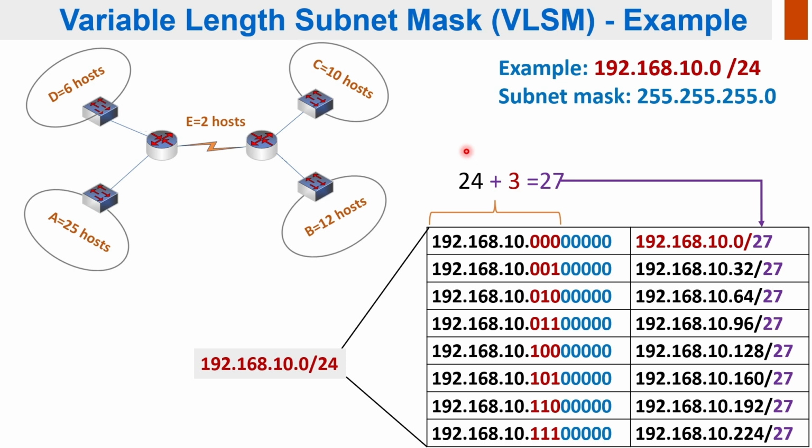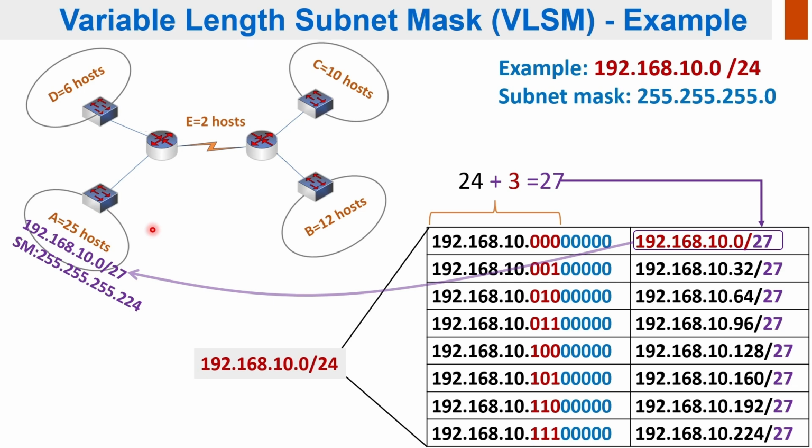So we said the first 3 steps: 1, we select our largest network, and then based on this largest network we divide the given network into 8 subnetworks. And the third step is, now we will allocate or assign the first network to this largest network. So the first subnetwork, which is 192.168.10.0/27, we are allocating to network A. So we are done with the first 3 steps.